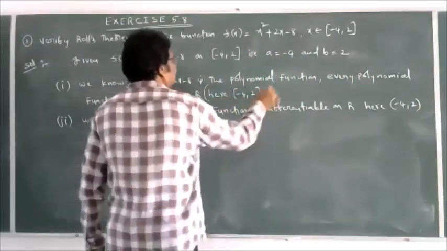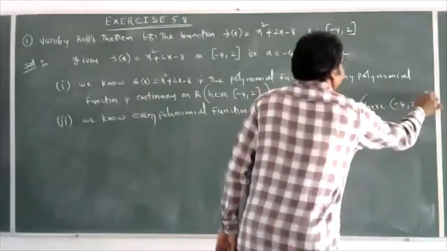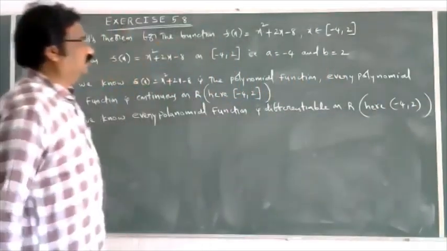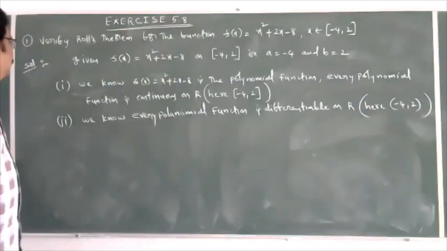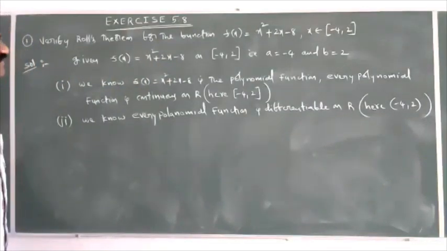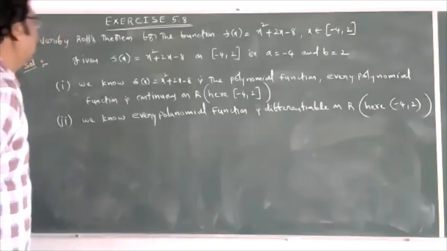You make it in brackets here. Every polynomial function is differentiable on R. That is, here the given interval is open minus 4 comma 2.